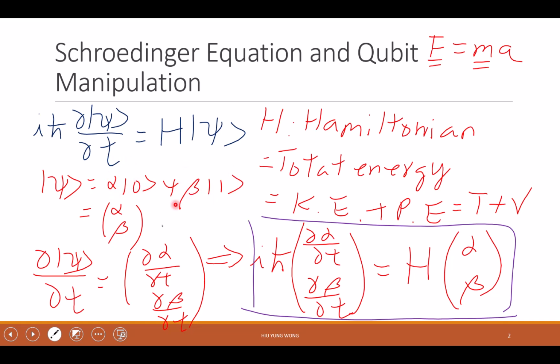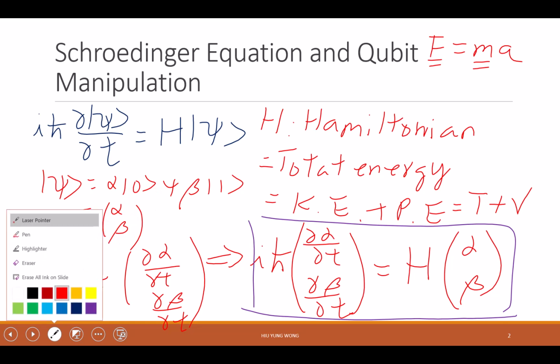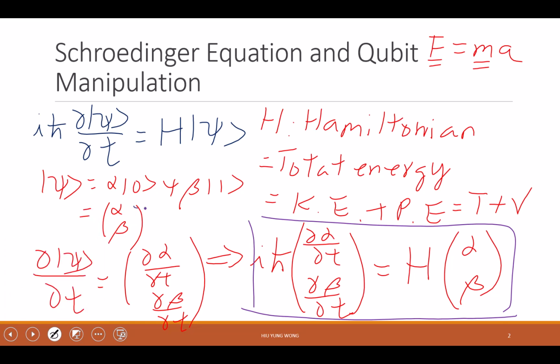So alpha and beta, which have 4 degrees of freedom, characterize the state. We can write it as a column, alpha, beta. It means I have alpha part of 0 and beta part of 1. That is what we have been emphasizing since the beginning of the class.